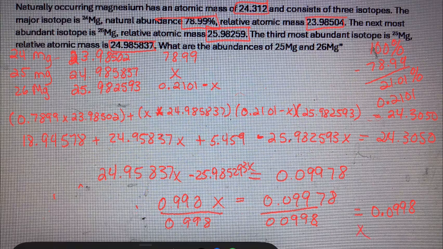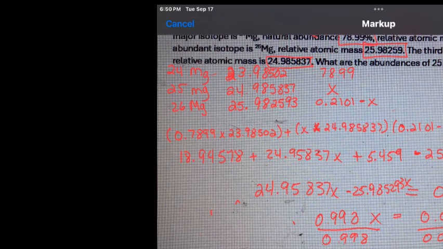So let's do the next part. Now that we found our x, we need to turn that into a percent again. We're going to multiply it by 100. But I'm just going to round it up. You can do that. So we know that we have to equal 21%. That is what is left over from the 78.99% up there.